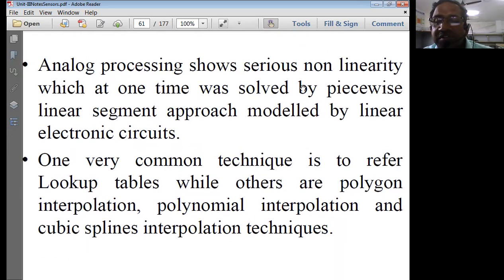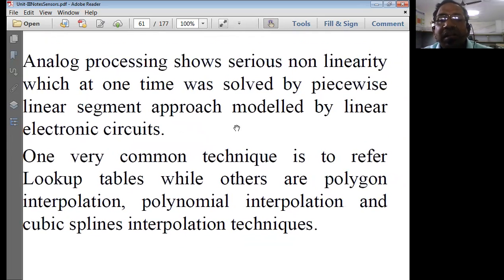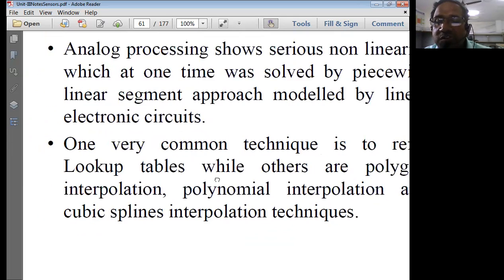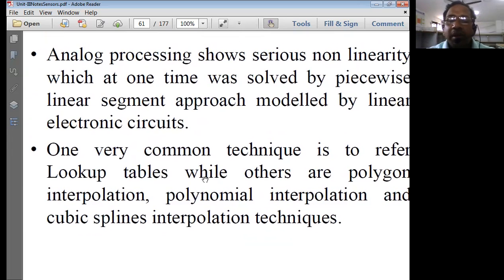These analog processing techniques have serious non-linearity issues, which at one time were solved by a piecewise linear segment approach modeled by linear electronic circuits. But the piecewise linear range is going to be very, very small. It cannot be applied for large voltages.